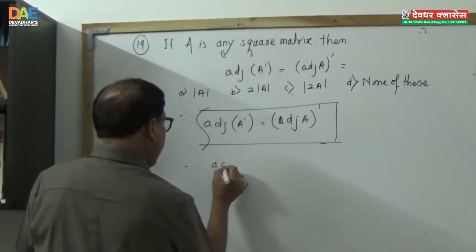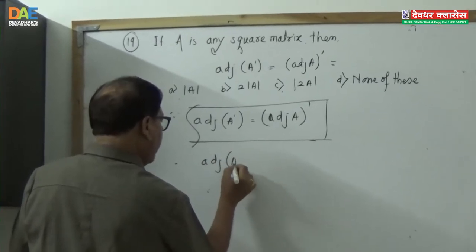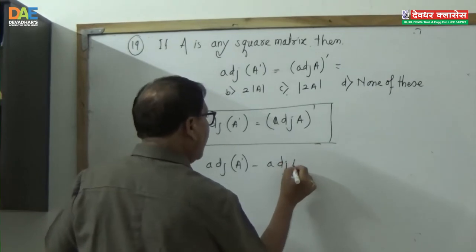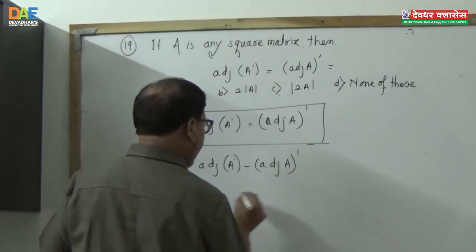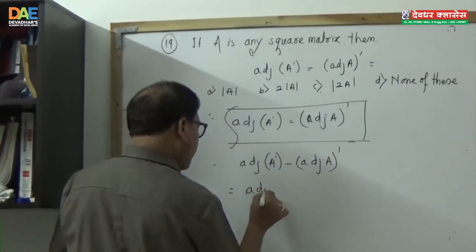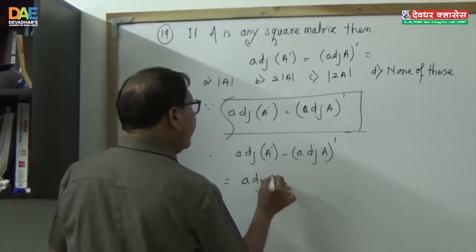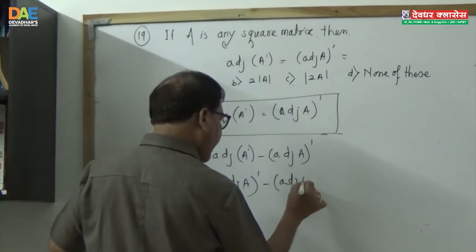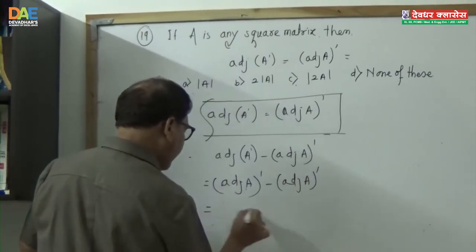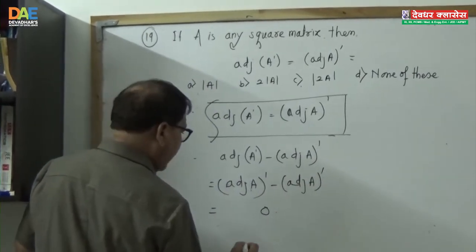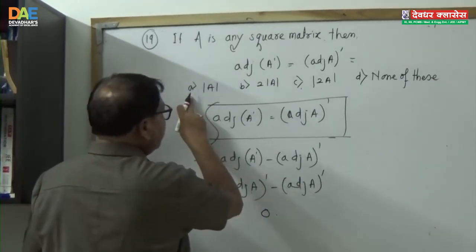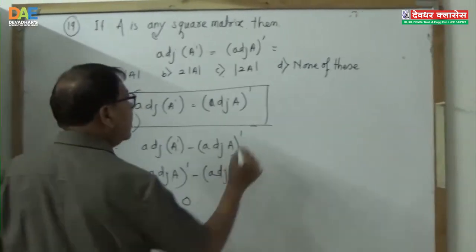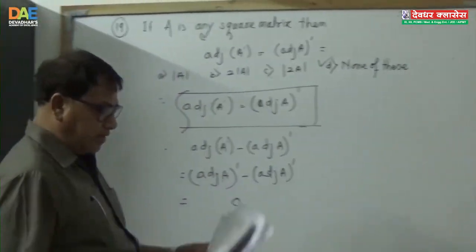Therefore, adjoint of A dash minus adjoint A whole dash is equal to adjoint A dash minus adjoint A dash, which is equal to 0. There is no answer among A, B, C, therefore D choice, none of these, is the answer.